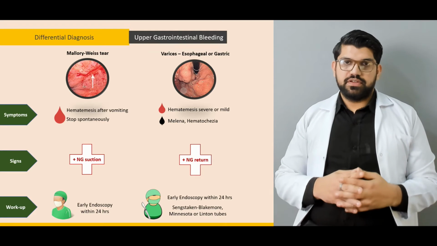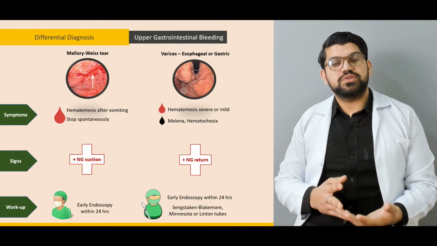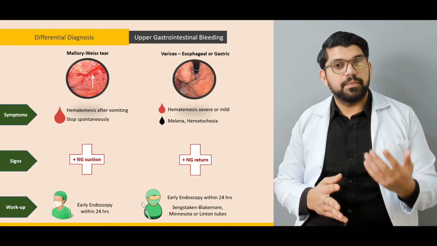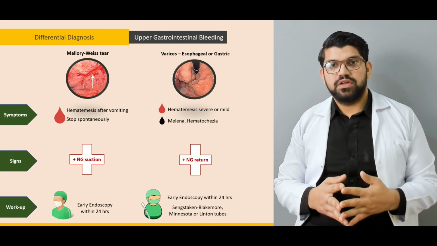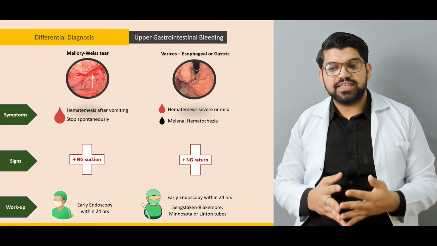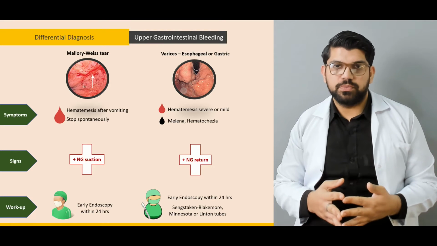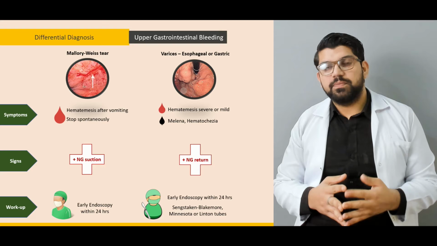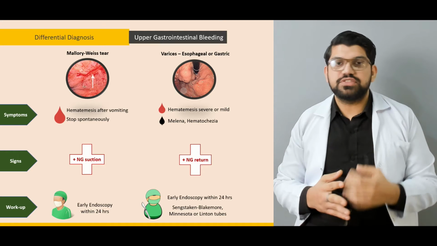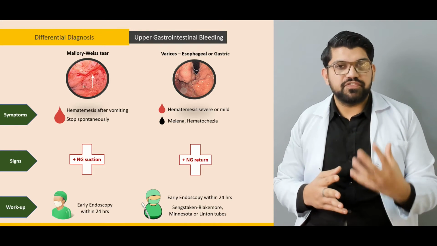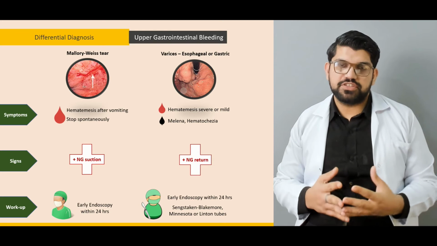If not, for example, if the endoscopist or gastroenterologist is not available, you can insert a Sengstaken-Blakemore tube, or Minnesota tube, or Linton tube. Sengstaken-Blakemore tube is like a nasogastric tube, but with two balloons inside. One is an esophageal balloon, and one is a gastric balloon.